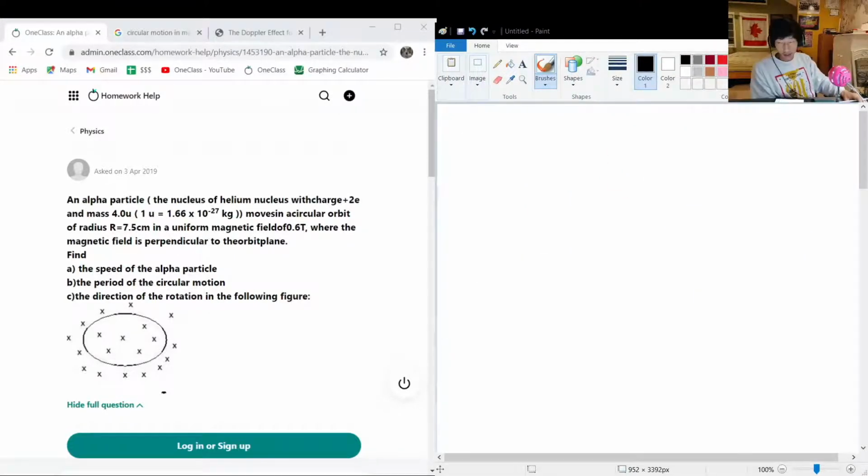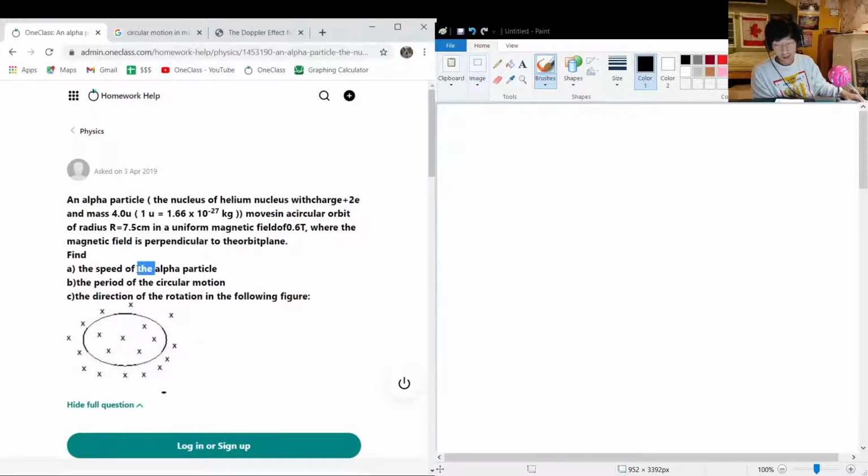Okay, so it's telling us it has a mass of 4u and moves in a circular orbit of radius 7.5 centimeters in a uniform magnetic field of 0.6 teslas, where the magnetic field is perpendicular to the orbit plane. And that has to be the case.